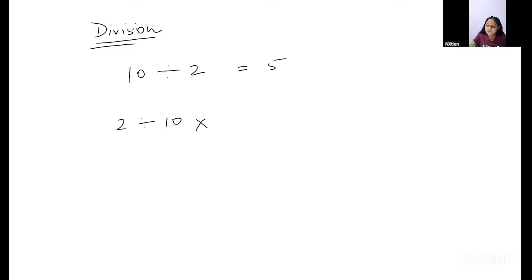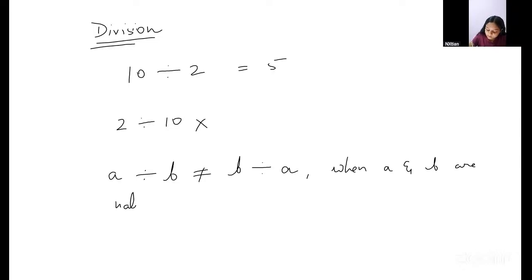So that gives us a property. A divided by B is not equal to B divided by A when A and B are natural numbers. A divided by B is not equal to B divided by A because we cannot divide B by A if B is the smaller number.